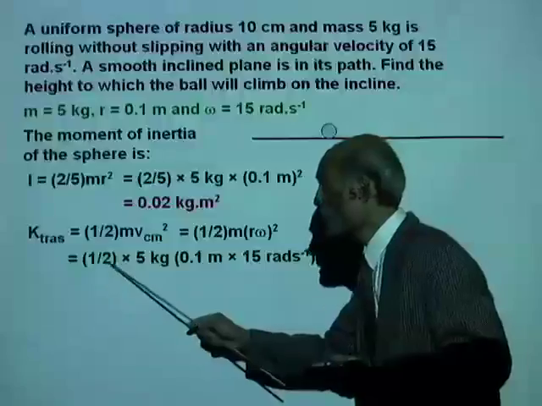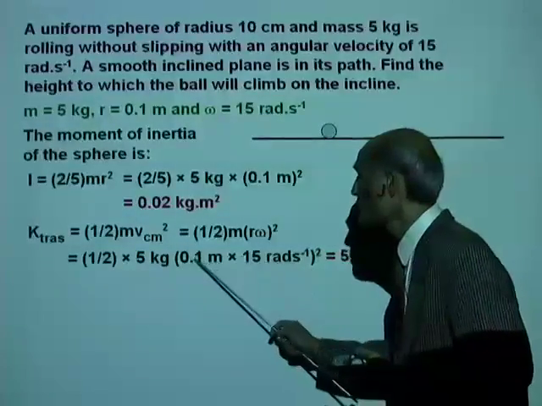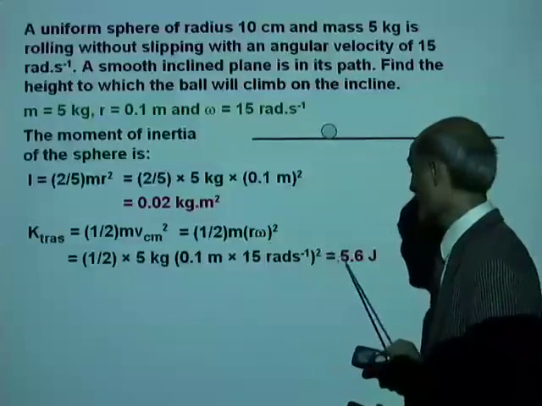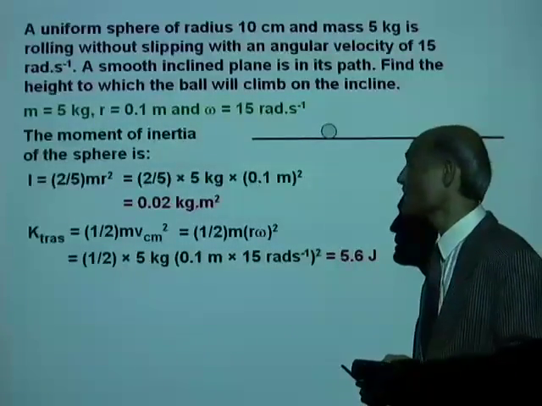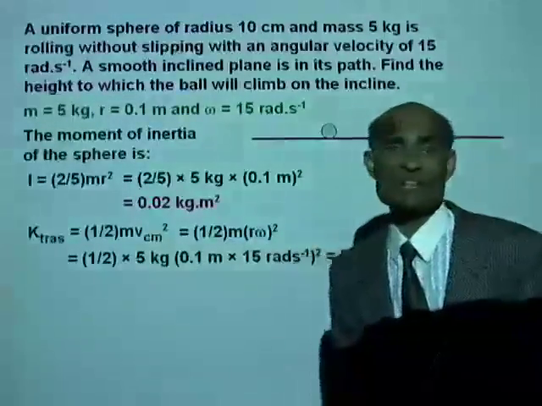Okay? So 1/2 times 5 kilogram times the quantity 0.1 times 15, and then square it. And that gives you 5.6 joules as the kinetic energy of translation.